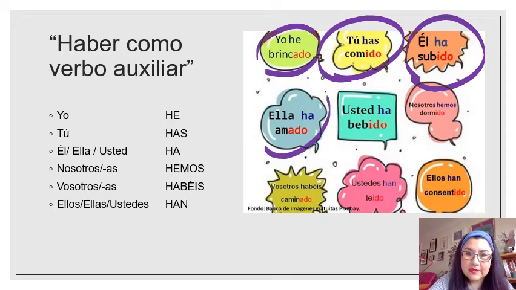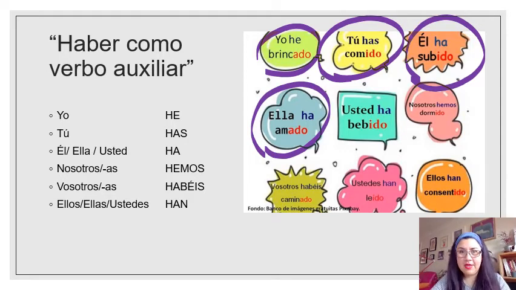The next example says, ella ha amado. She has loved. That sounds very much like an 18th century romantic novel sentence. Usted ha bebido. You have drank. That's probably something that a police officer will be telling you. Usted ha bebido. Too much. Demasiado.